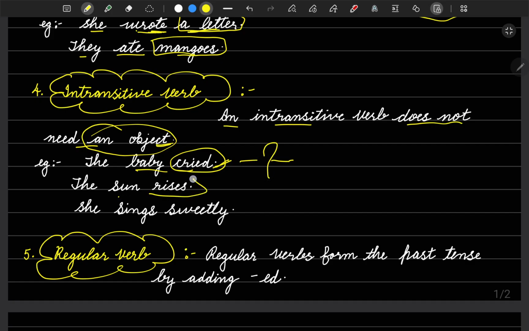The sun rises. Rises is a verb. She sings sweetly. Sings is a verb, but sweetly is not an object. So what is intransitive verb? Intransitive verbs are the verbs that do not need any object.